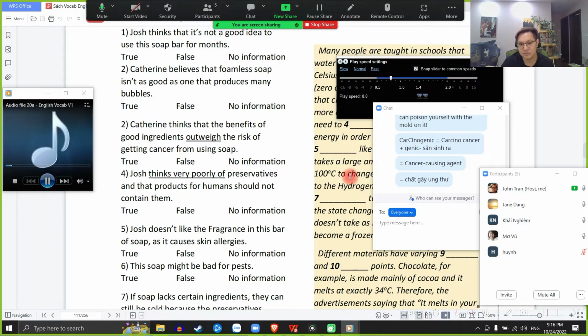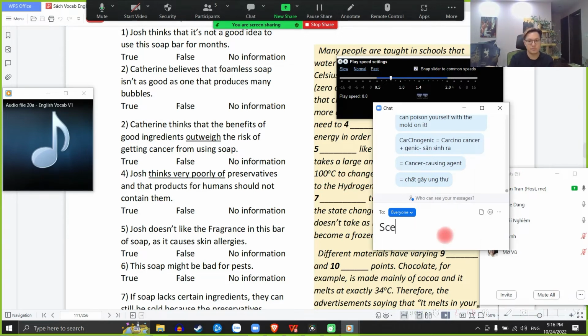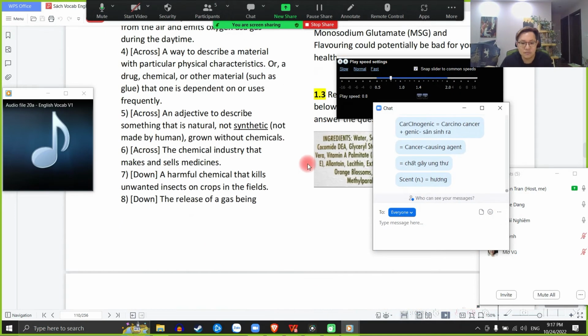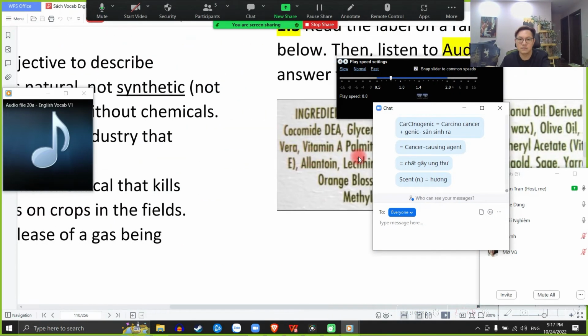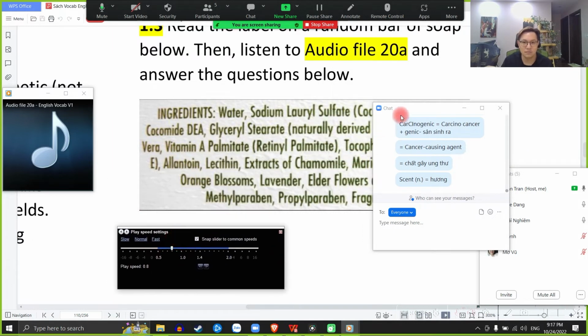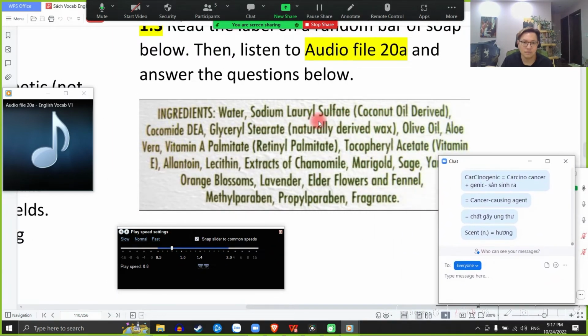Hey Josh, I found this soap bar, and it has a wonderful scent. I think it might be good for washing our hands, and maybe for washing my cat too. Yeah. Let's see what the label says, Kate. Water, yes, everything has water in it. Sodium lauryl sulfate, no. This ingredient is not something you want to use for a long time, as it was classified as a carcinogen, or cancer-causing agent, a while ago, so many manufacturers are trying to change using this ingredient to something else.